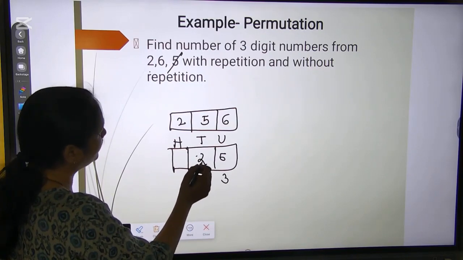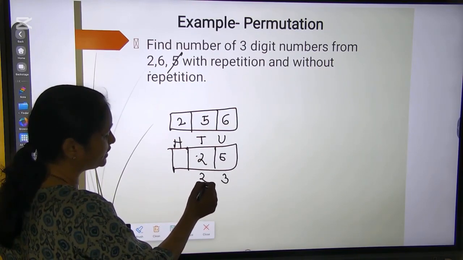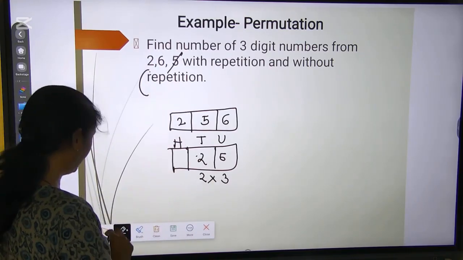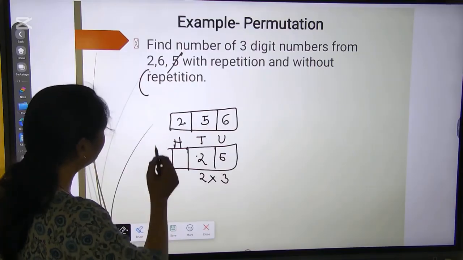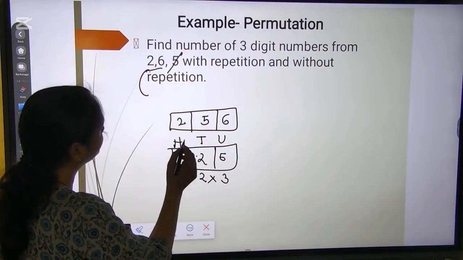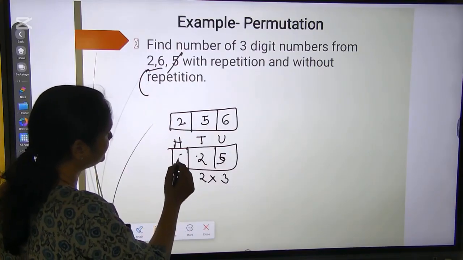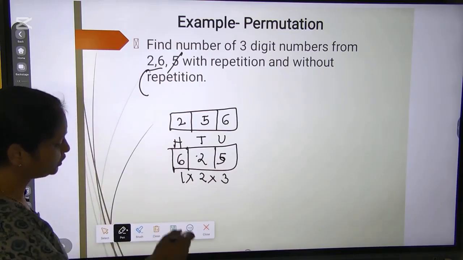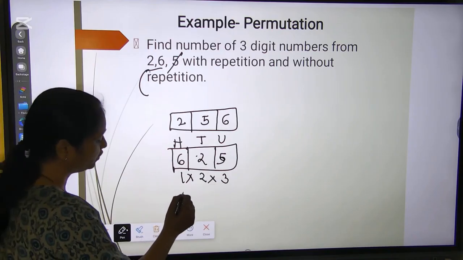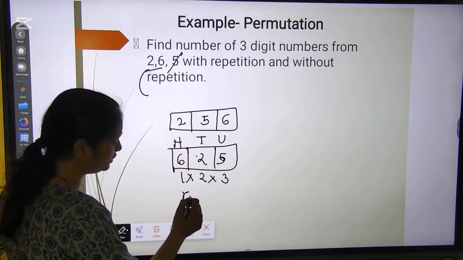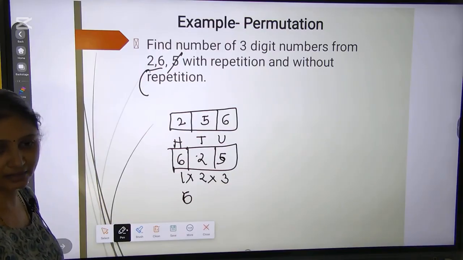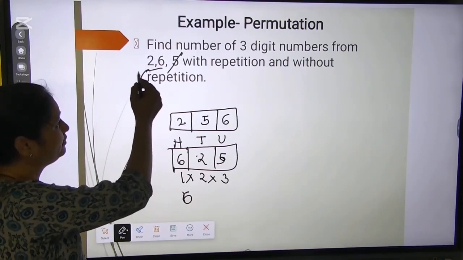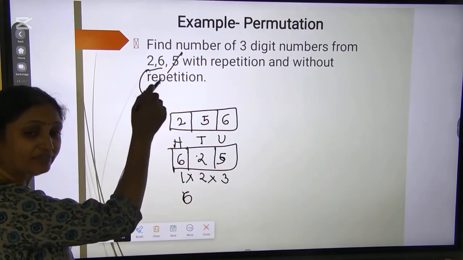If we put 2 here, we have 2 choices and now only a single digit is remaining. So we put 6 here, so we have only 1 choice. So the total number of choices is 1 into 2 into 3, that is equal to 6. That means we can form only 6 3-digit numbers out of these 3 digits without repetition.